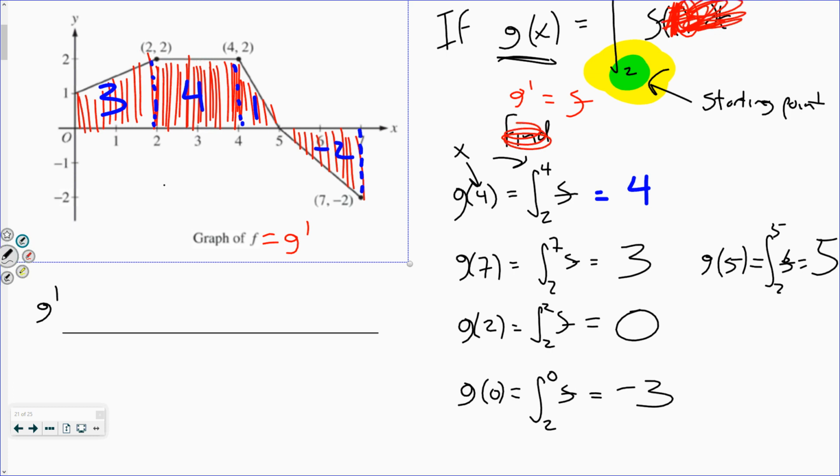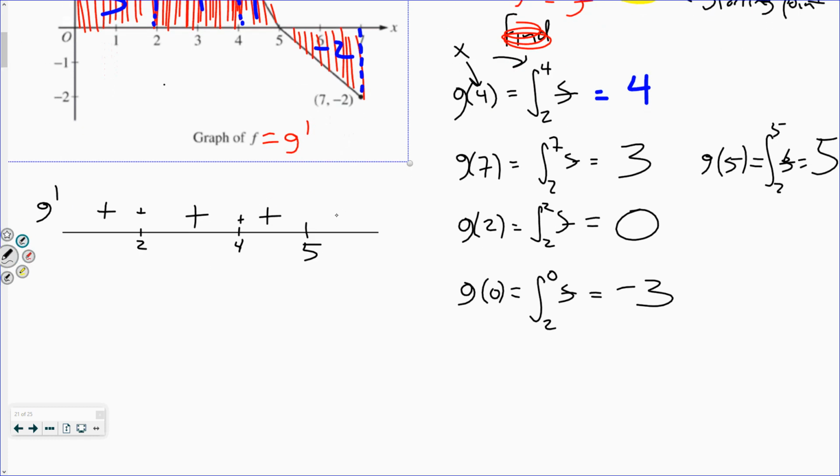Okay, let's do a little bit of analysis, and I'm going to split this up for fun. It's positive until 2. Yes, it is positive at 2, but I'm going to just say it's positive until 2. It's still positive until 4. But really the key point is that 5 is where the signs change. And then it's negative.